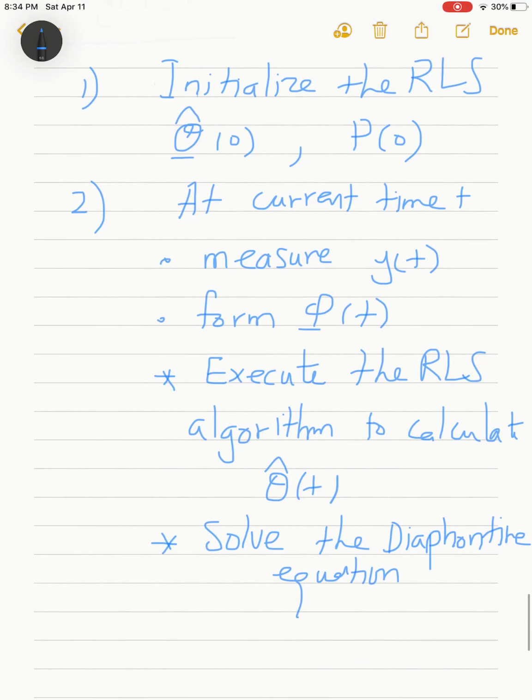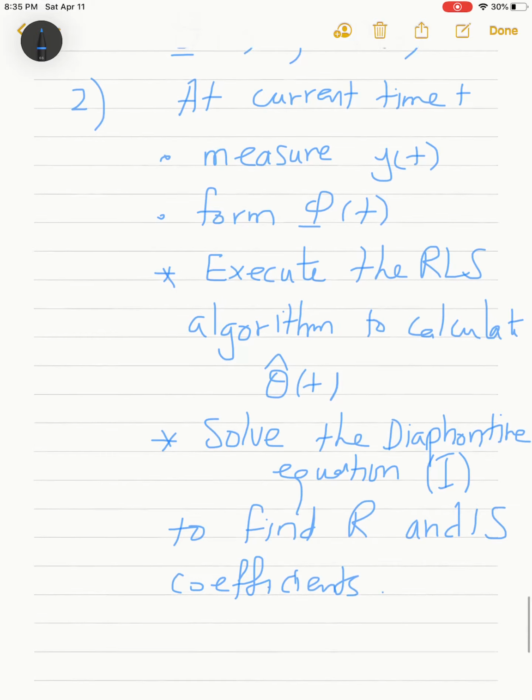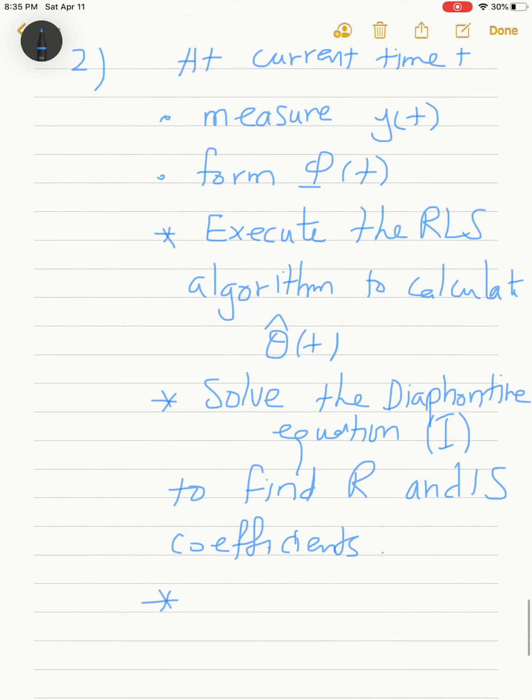So we solve this equation to find the coefficients of R and S. And then we compute the control signal u of t.